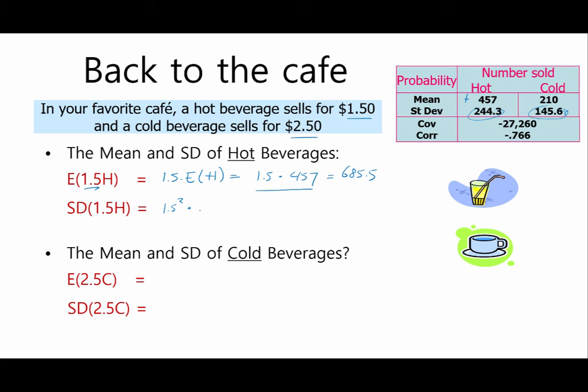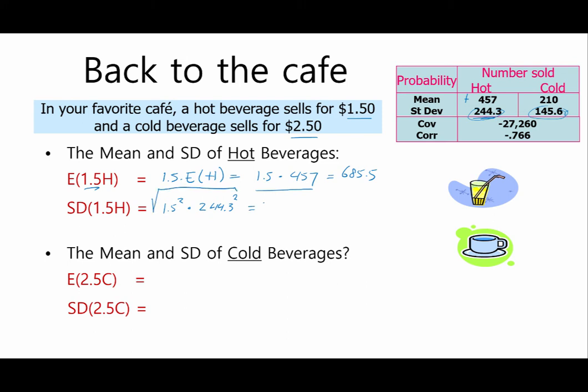How do we get from standard deviation to variance? We have to square. So the standard deviation for hot drinks is 244 squared. That's the variance. Then I'm going to take the square root of that thing.